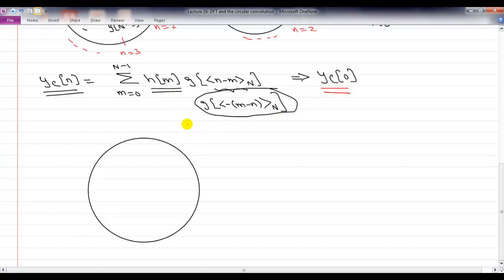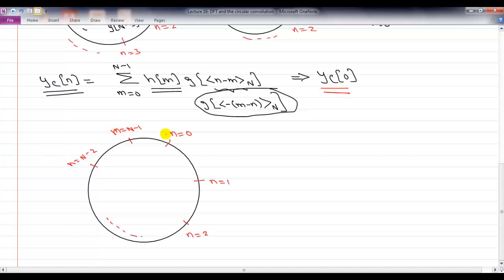So a figure for yc[0] would look like the following. We again draw a circle, put the indices n equal to 0, n equal to 1, n equal to 2, and we keep on going. We go up to n equals n minus 2 and n equals n minus 1.